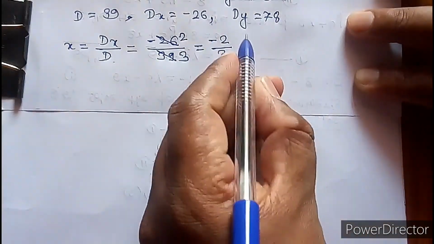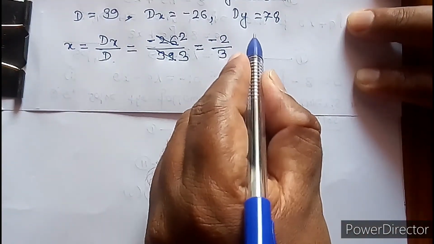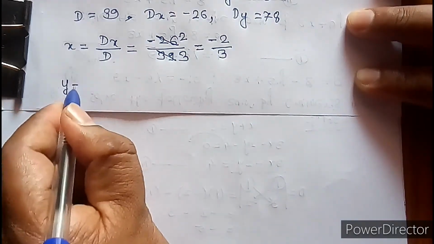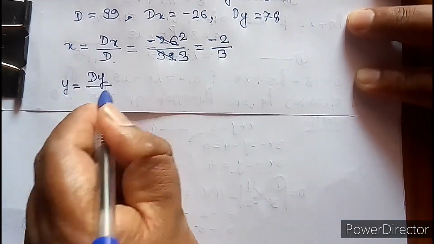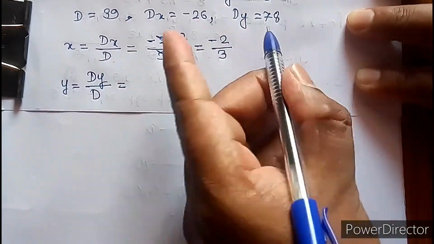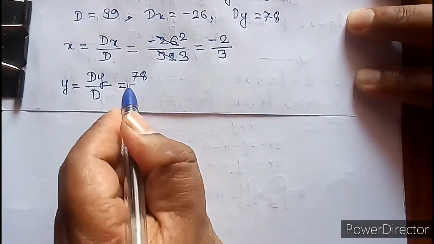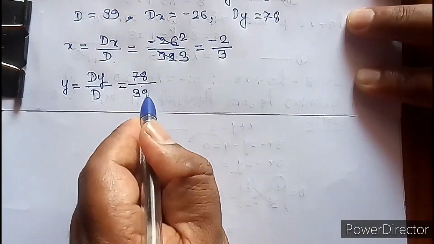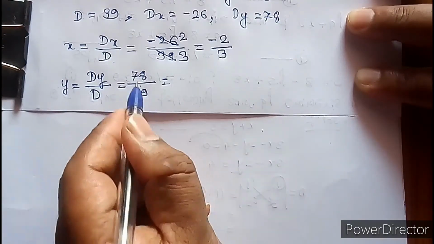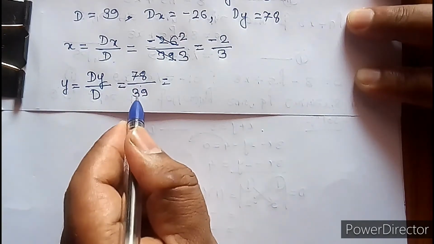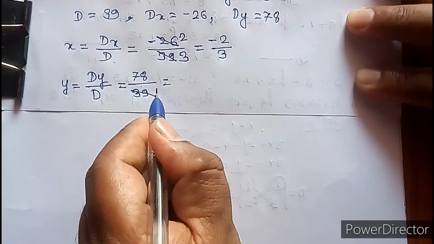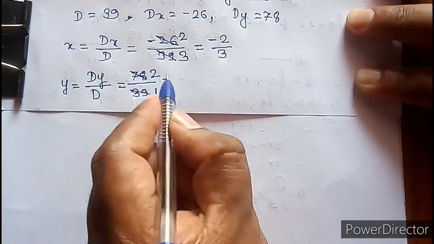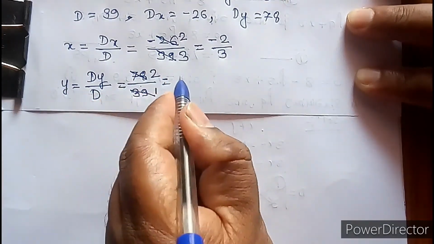Now we have to find the value of y. We know the formula for y, that is y equals to dy by d. The value of dy is 78, upon the value of d is 39. Now this 78 is a multiple of 39, 39 into 2, means 2 times, therefore we get 2.